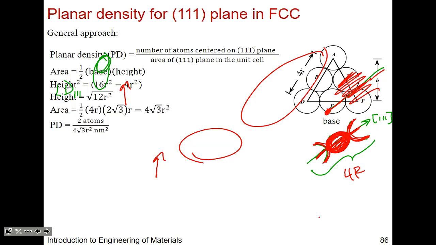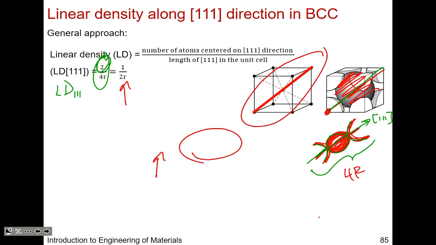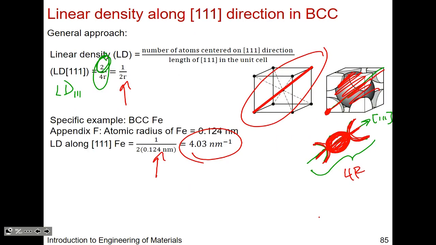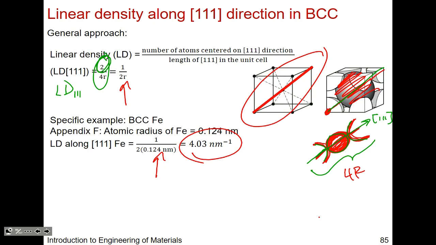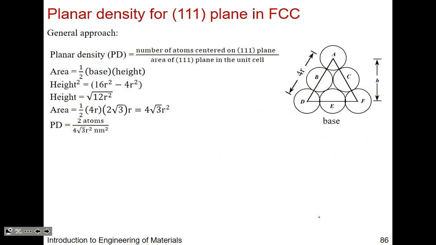Okay, there are plenty of examples. I didn't go through the other example, 111. Oh, sorry, that's planar density. There are other example practices in later slides. I would like to cover planar density next. In the same way you can have linear density, now we're going to talk about the plane.